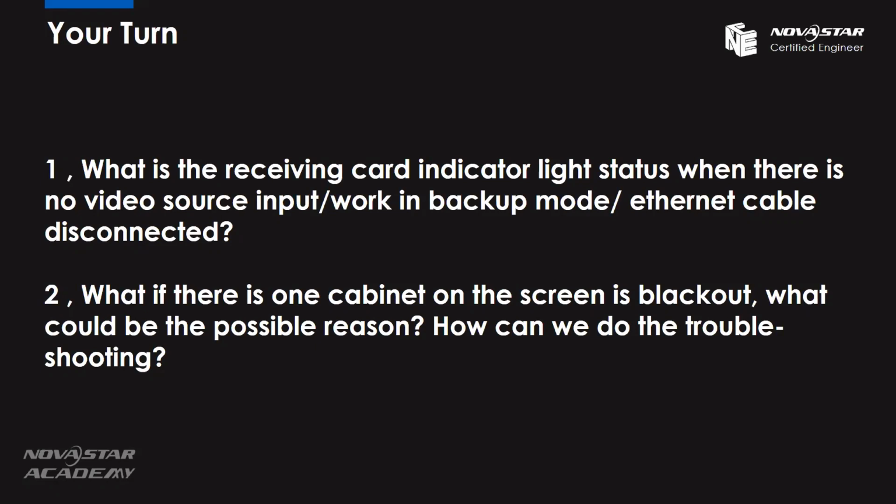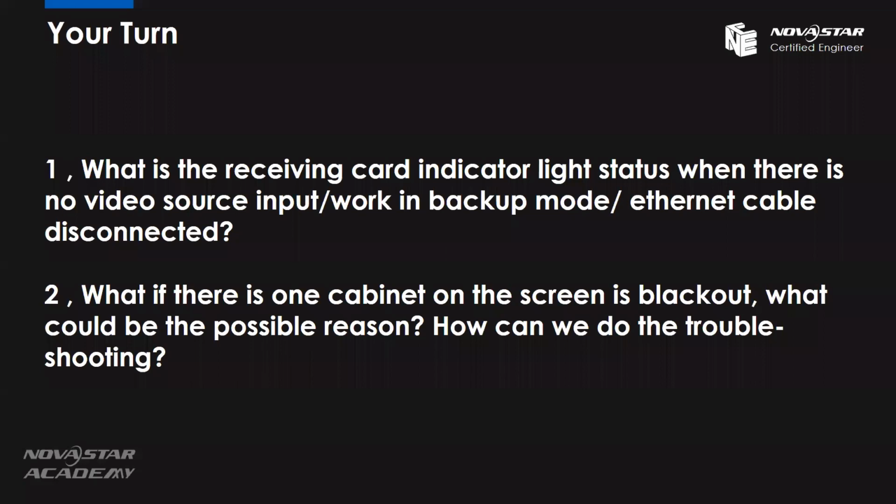Okay, Mr. Brian. Hi, Brian. Can you hear me? Okay, the first question is for you. What is the receiving card indicator light status in these three situations? If there's no signal source input, it'll be a triple blink, then a pause, and then a triple blink.